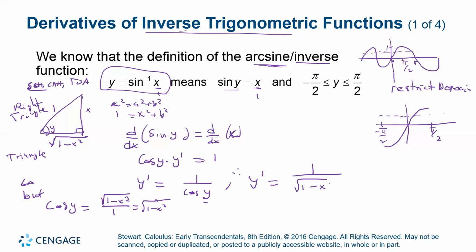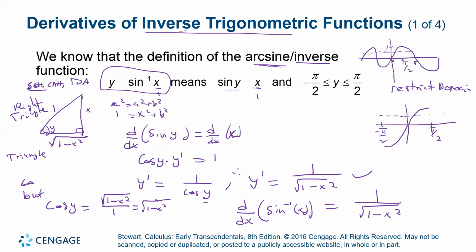Therefore, my y prime will be 1 over cosine of y, which is just 1 over the square root of 1 minus x squared. So that is our answer. Therefore, if I differentiate the arc sine of x, I will get 1 over the square root of 1 minus x squared.